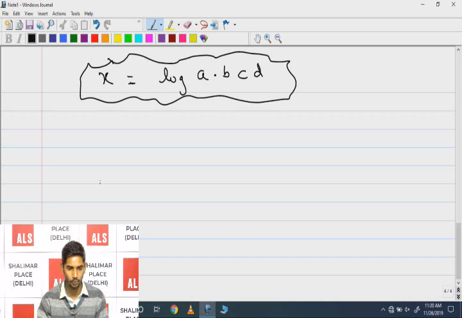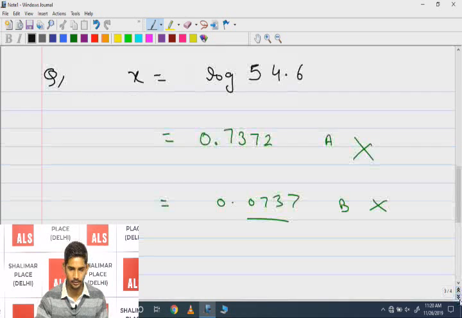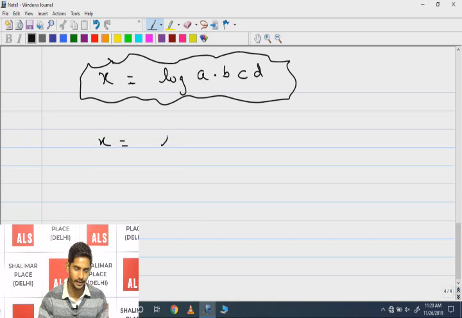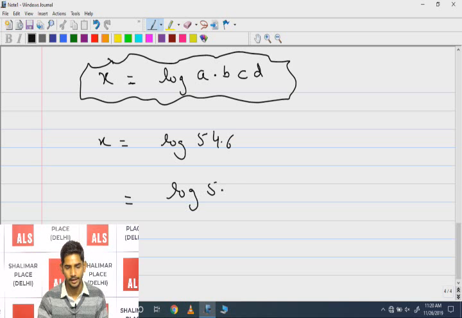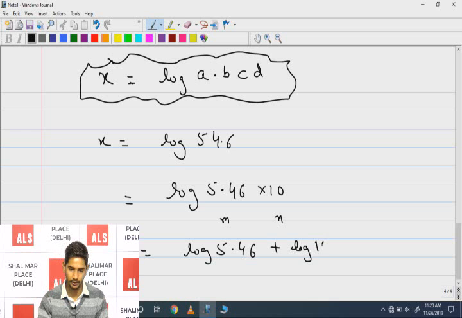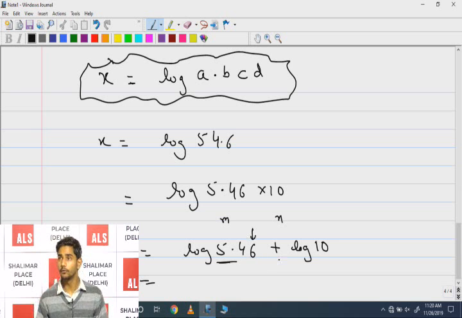Let's check the question again. I can say x is equal to log 54.6. First I need to convert this number into that format. I'll shift the decimal, so this will be 5.46 times 10. Now you can use the property of log: log 5.46 plus log 10. Now tell me the value of 54 at 6.